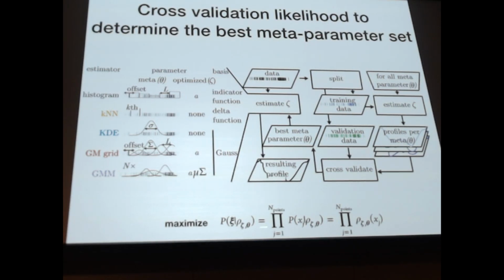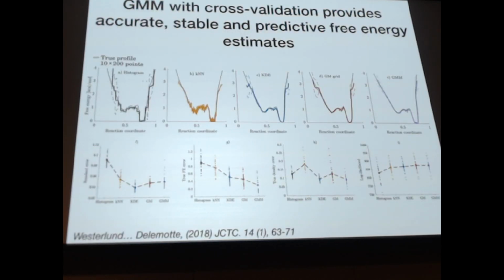And then you estimate the likelihood on the validation data, which allows you to find the set of best meta parameters. And then using this set of best meta parameters, you will estimate the probability density of the entire data to get a profile.